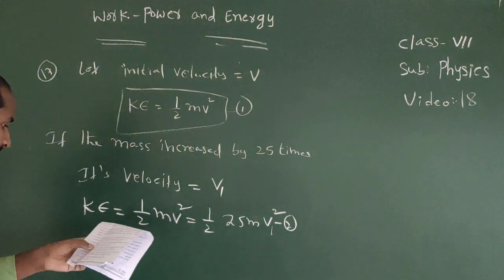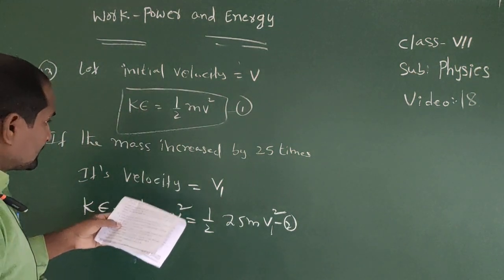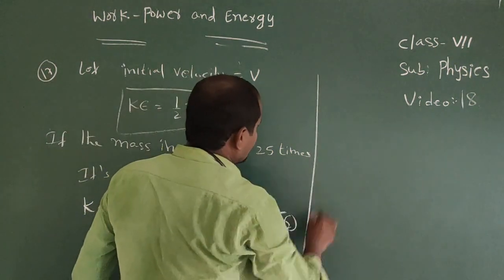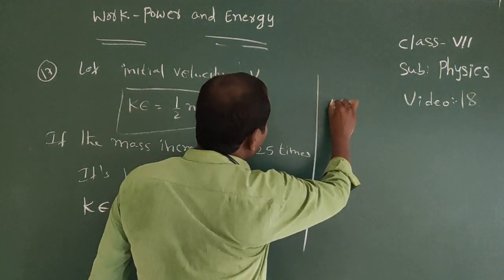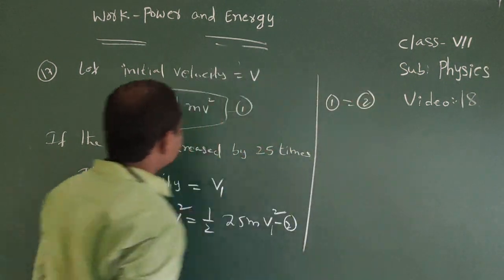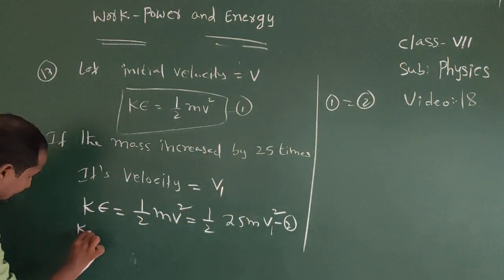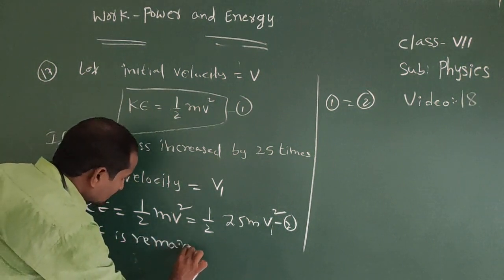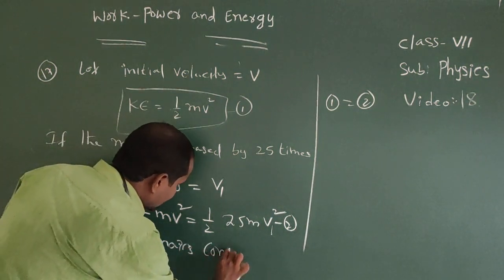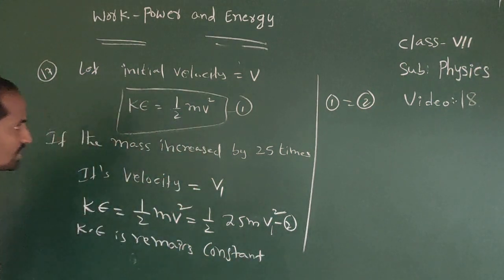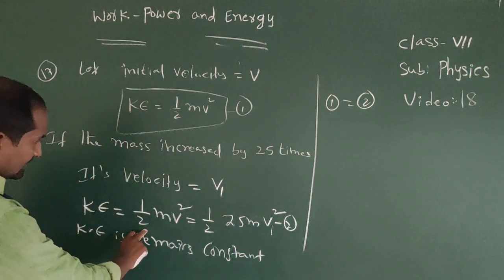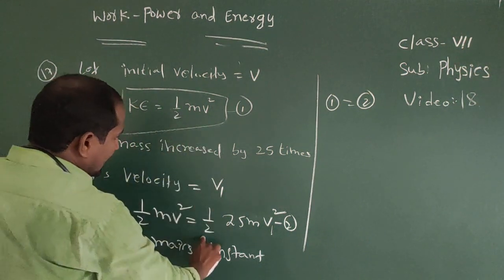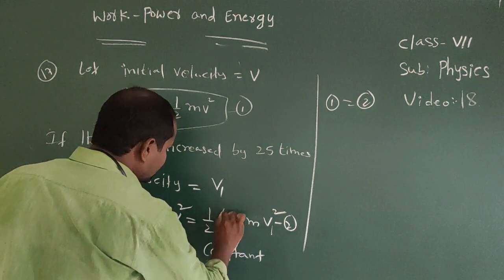Here the kinetic energy in the first case and second case remains the same. That means equation number 1 equals equation number 2, because the kinetic energy remains constant. Therefore half into M into V square equals half into 25M into V1 square.